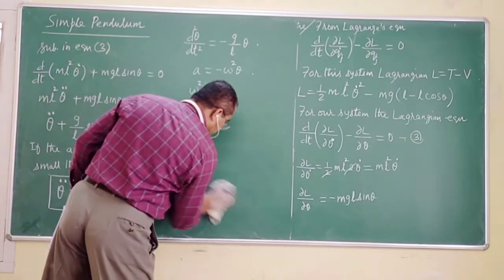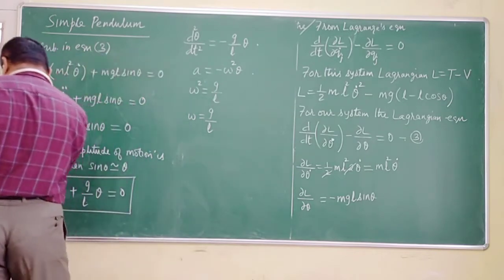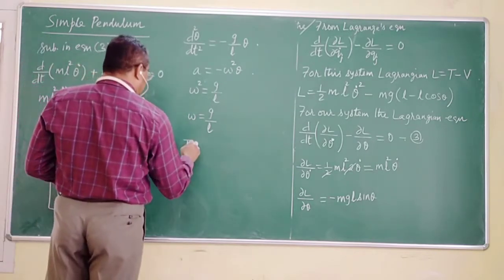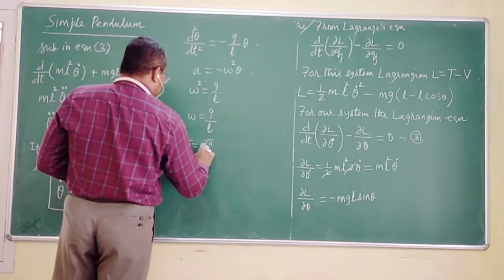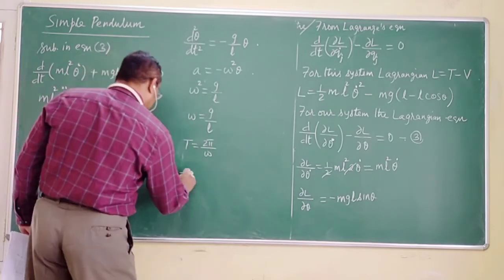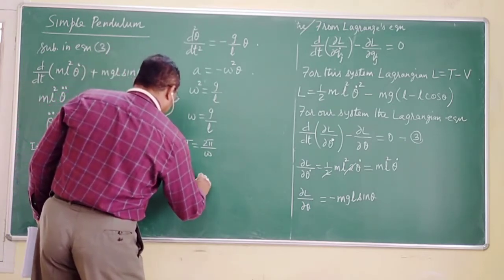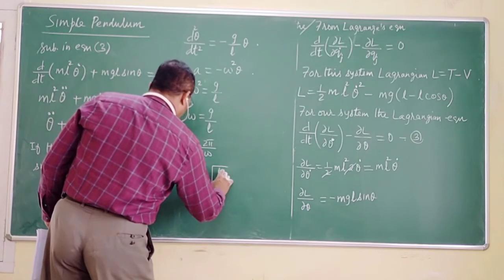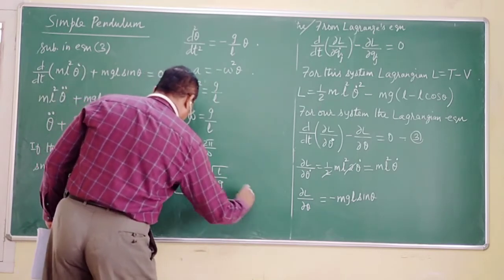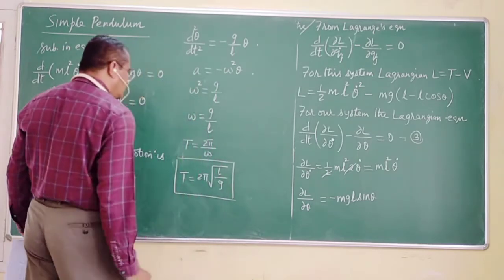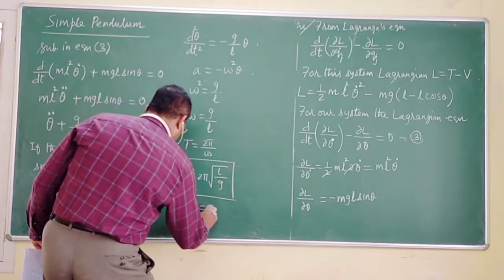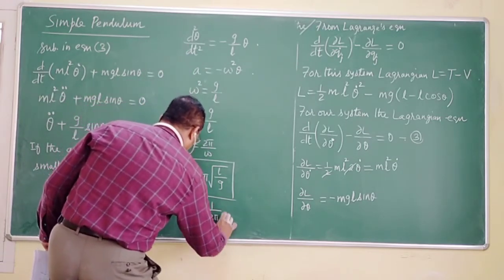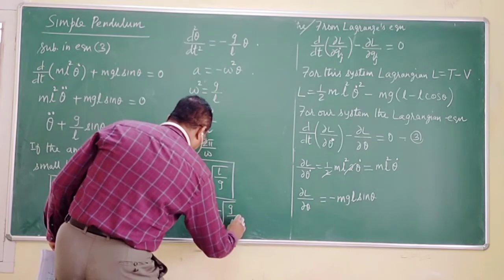Therefore, the time period T is 2π by ω. Therefore, T is 2π under root of l by g. That will be the time period. So, what will be the frequency? f is 1 by 2π root of g by l.